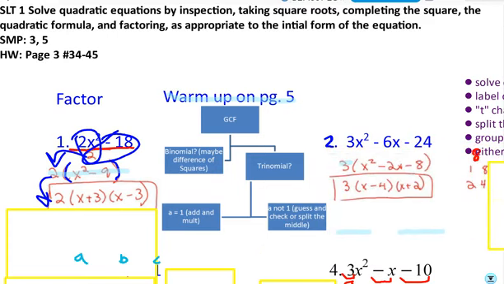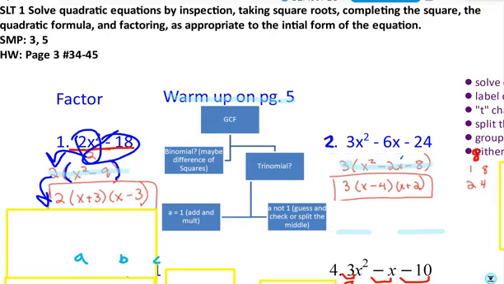So if you look, your first step is to divide each term by 3. So you're factoring 3 out of 3x squared and out of negative 6x and out of negative 24. That 3 goes on the outside, and the answer to each of your division problems is left in parentheses.